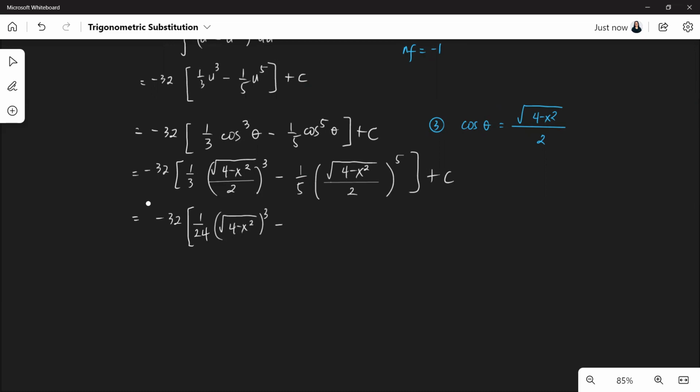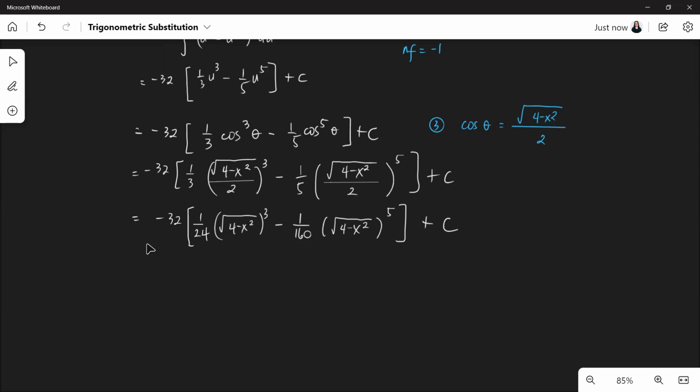Then times 5. So 32 times 5, that's 160. So 1 over 160 times the square root of 4 minus x squared, quantity raised to the power of 5, and then plus c.